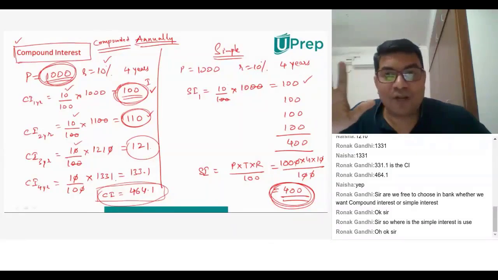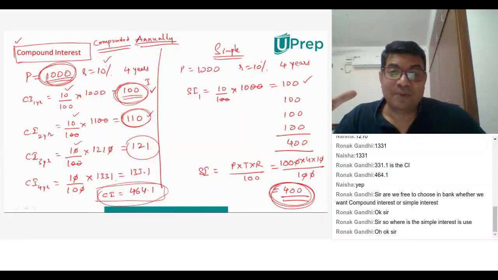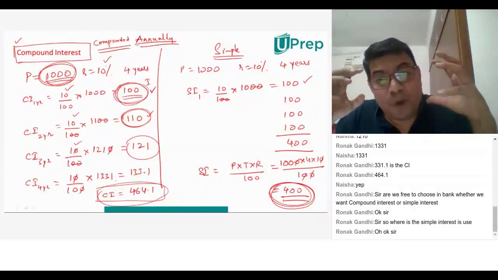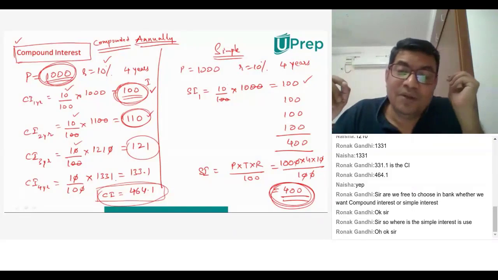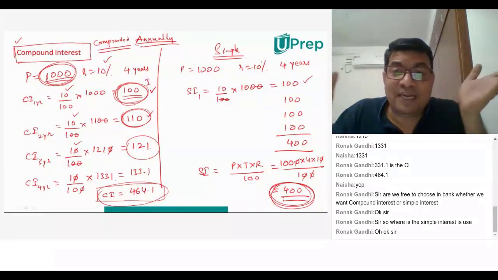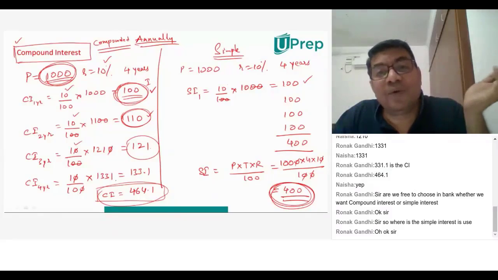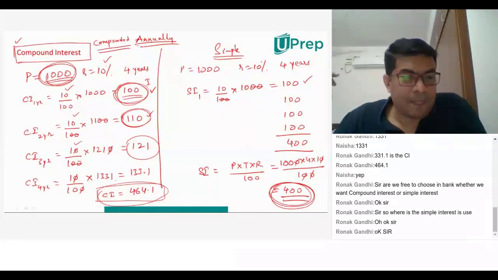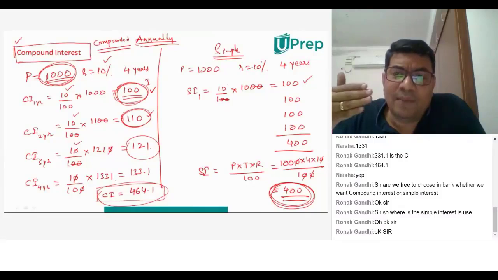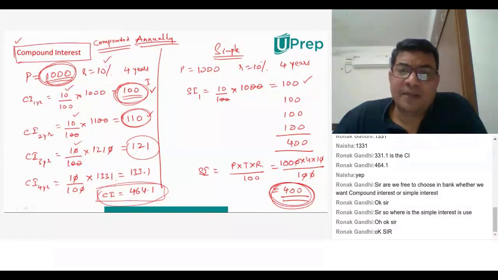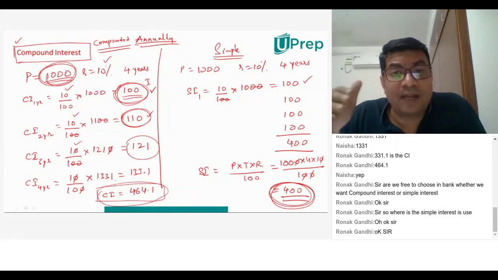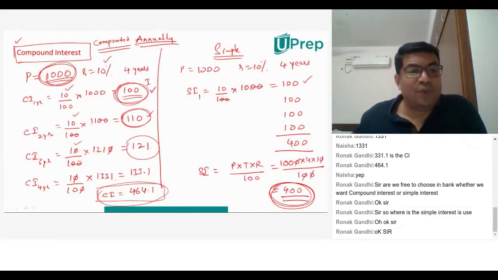I'm not getting into any culture. I'm just telling you, generally there are proper lending outlets, people lend money for interest. So there it's generally compound interest. And at times, even when people take money from each other, they get into compound interest also, but they define it. So we'll come there, Ronak.